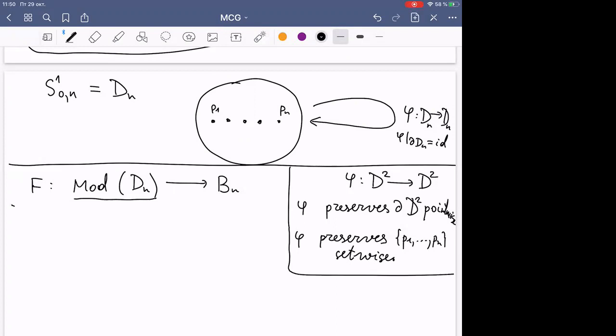But now, when we fill the punctures and forget about them, and look at phi just as a homeomorphism of the disk, then we know that there is Alexander's trick.